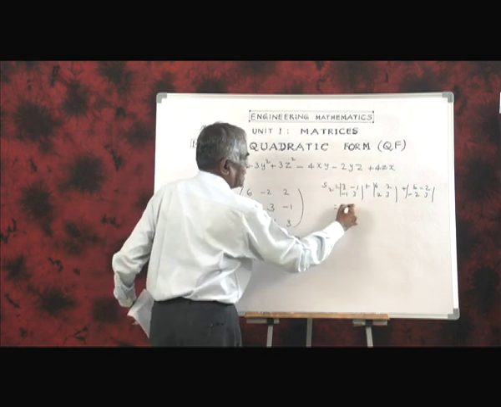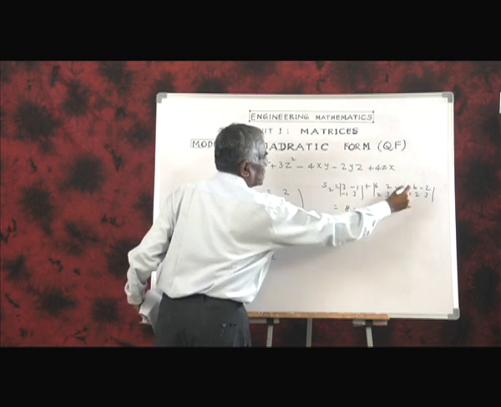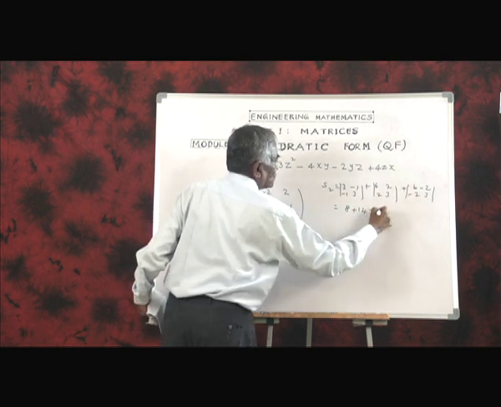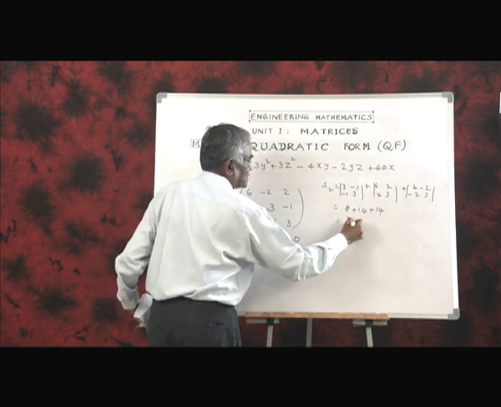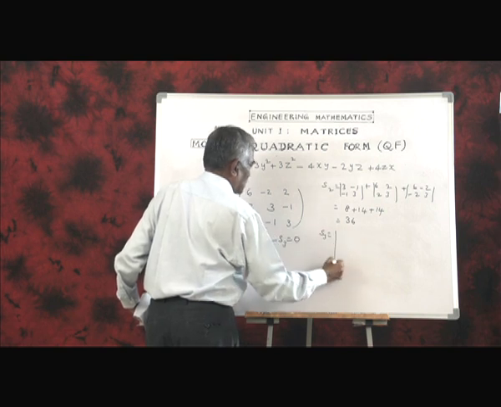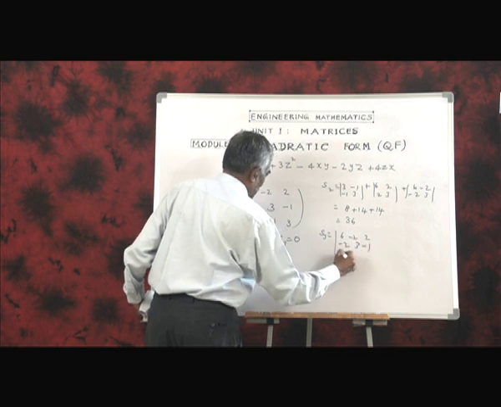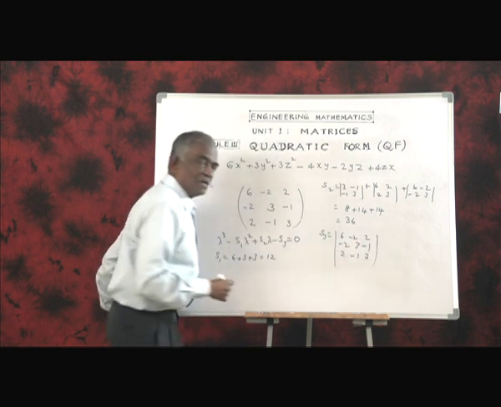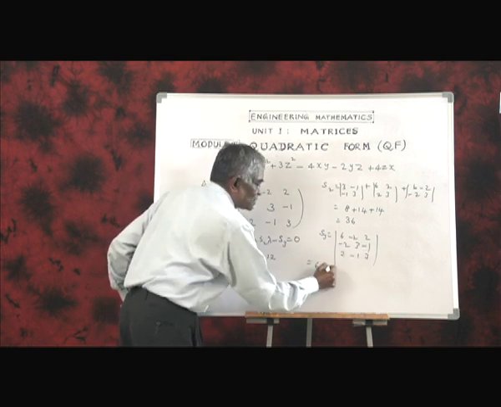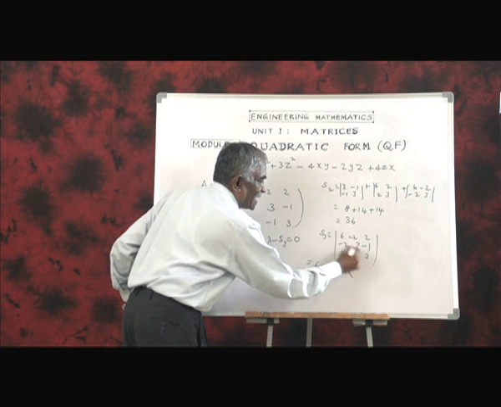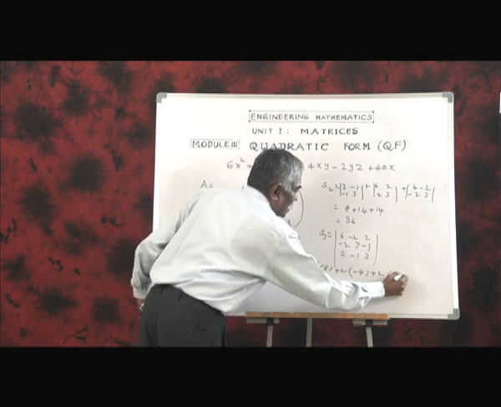9 minus 1, that is 8, 18 minus 4, 14, 18 minus another 4, 14. So you are having 28 plus 8, 36, and S3, the determinant itself, 6 minus 2, 2, minus 2, 3 minus 1, 2 minus 1, 3. So just expand this in the usual manner. So 6 into 9 minus 1, 8, then plus 2 into minus 6 plus 2, that is minus 4, plus 2 into 2 minus 6, that is equal to minus 4.